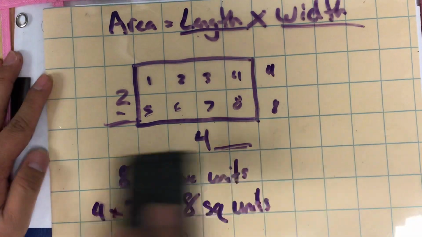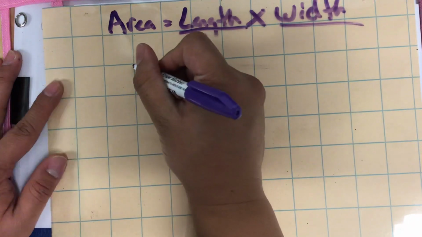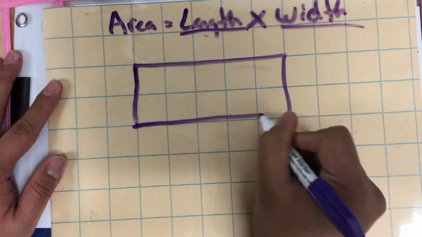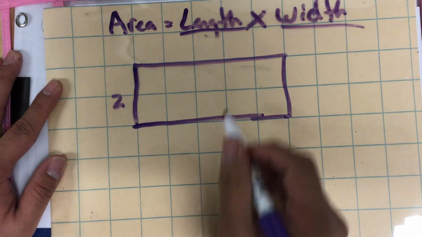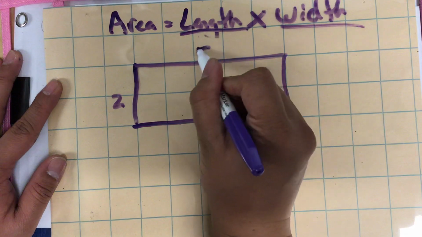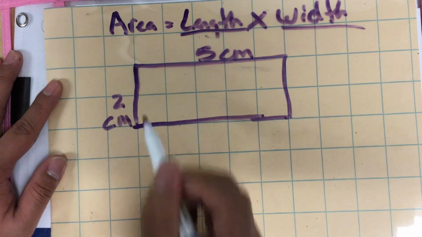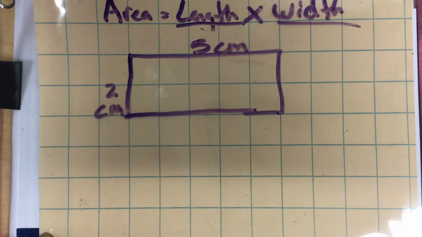Okay? Let's try another one. So if I have my shape, okay, this is 2 units, and this is 5 units. Or let's say 5 centimeters and 2 centimeters. Okay? I want you to think, what would our area be?